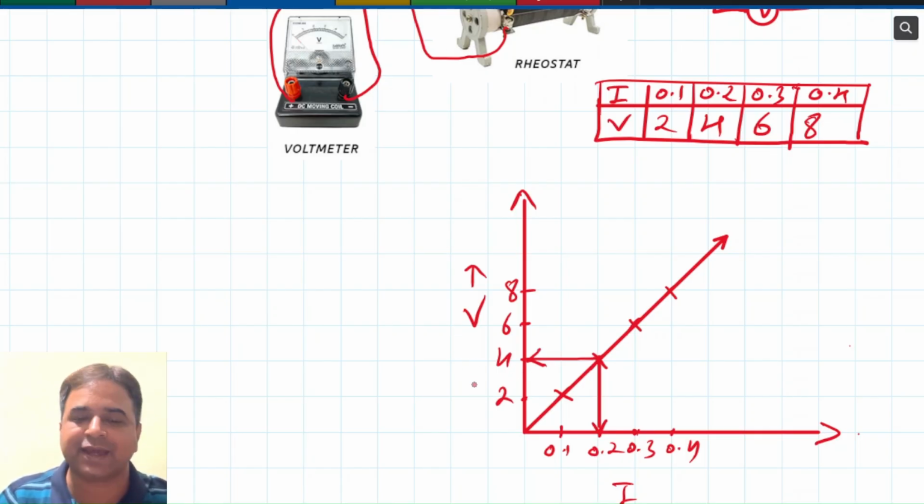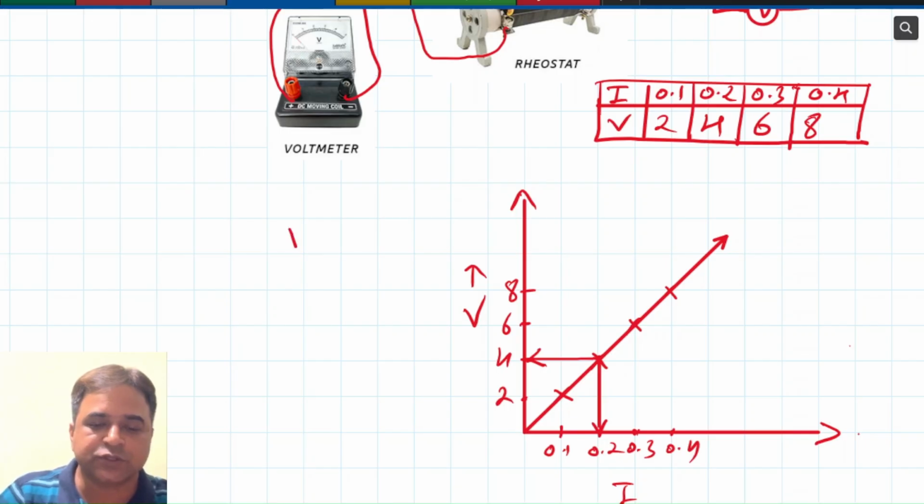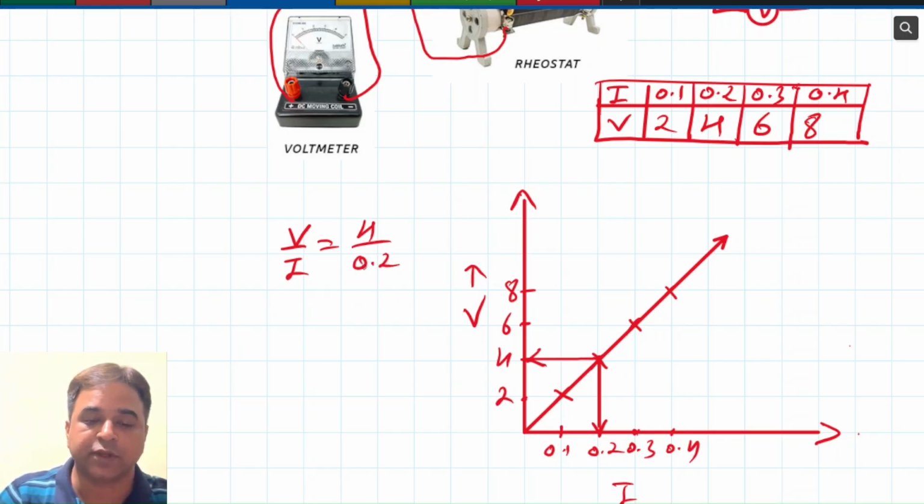So if we take ratio of this, V upon I over here is coming how much? 4 divided by 0.2 will be giving you how much? 4 upon 2 into 10, the 4. So answer coming is 20.